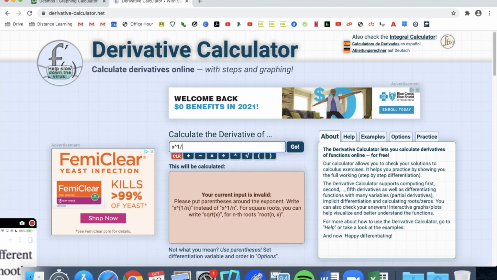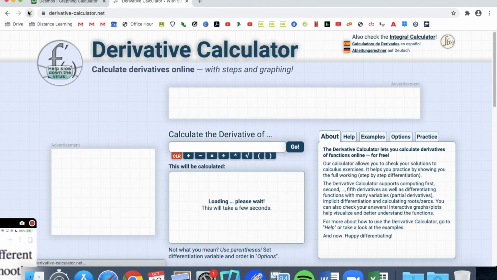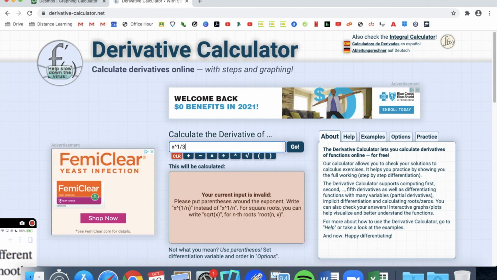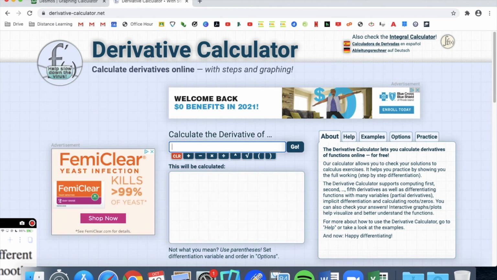X to the 1/3. It does not want x to the 1/3. It wants me to write it as a cubic root.